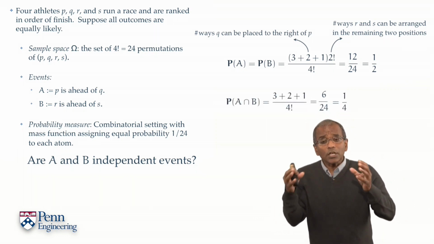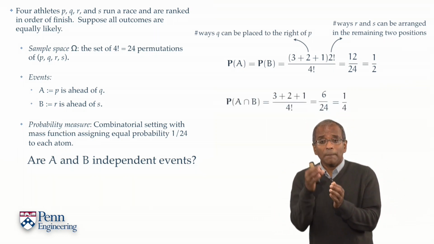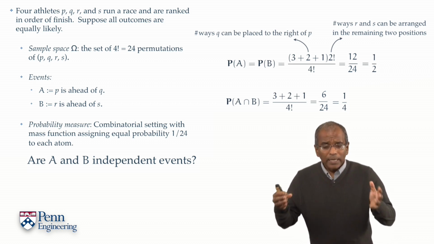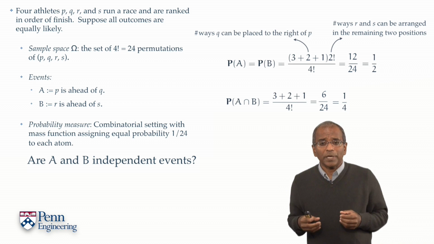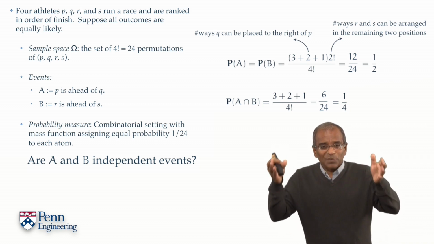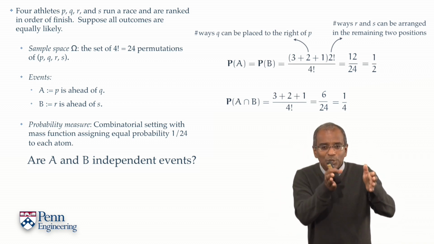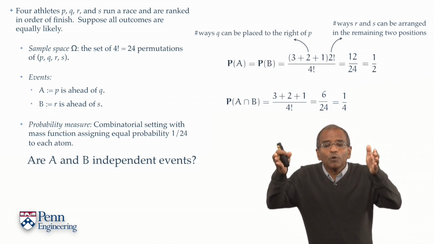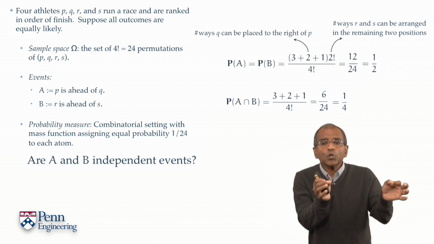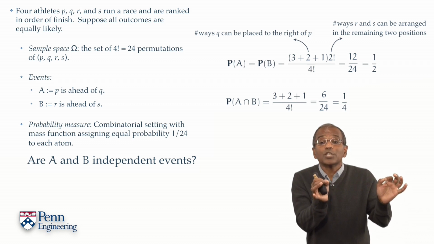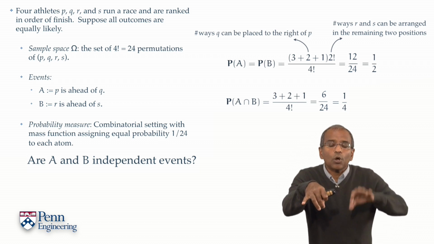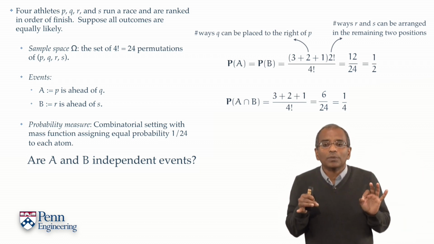Well, the intersection of A and B means P leads Q and R leads S. Well, let's start by putting Q to the right of P. How many ways are there of doing that? As we noticed, 3 plus 2 plus 1 ways. Now P and Q are allocated with Q following P. There are 2 slots left, but if R is to lead S, they are compelled now, with R taking the leading slot and S taking the last slot.